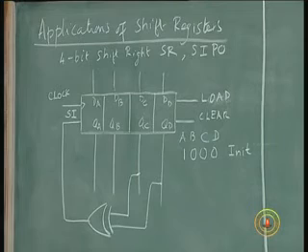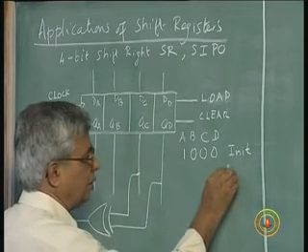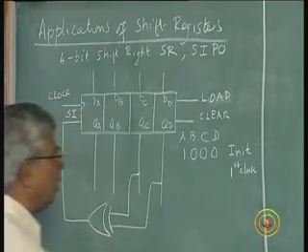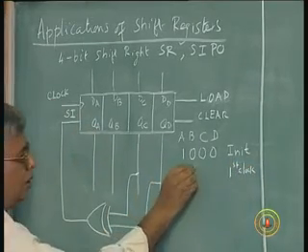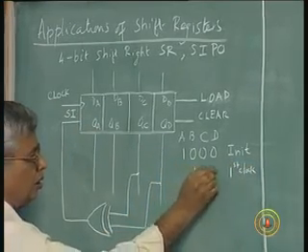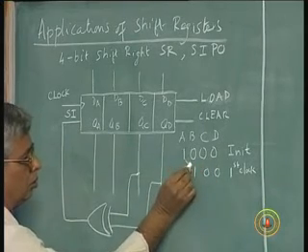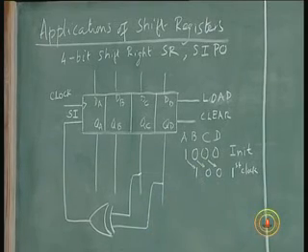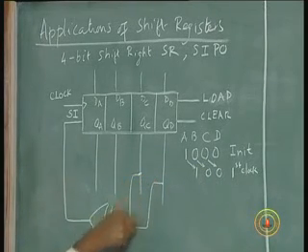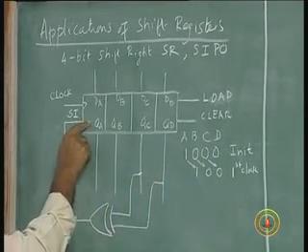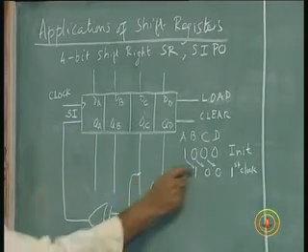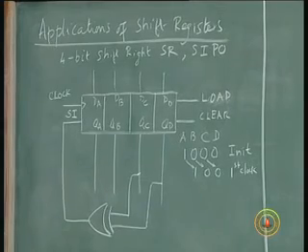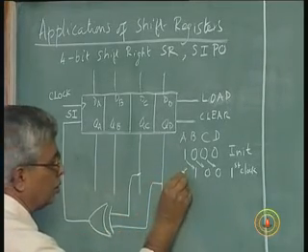Then with the first clock pulse, this 1 gets here, this 0 gets here, this 0 gets here. And a new bit will be added to the input, which will go into QA. Since this is the exclusive OR of C and D, what will be the exclusive OR of C and D? 0. So that 0 will get into this position.